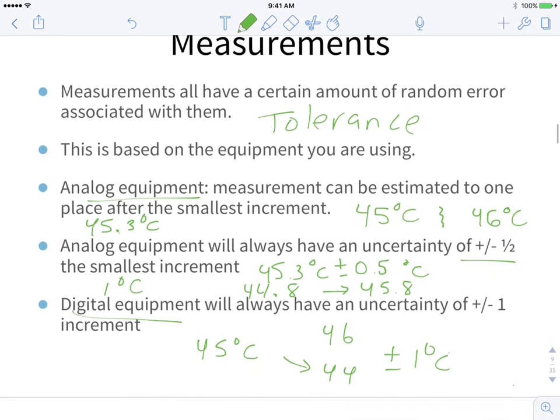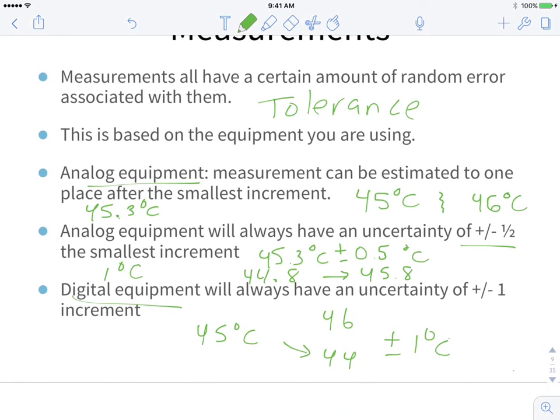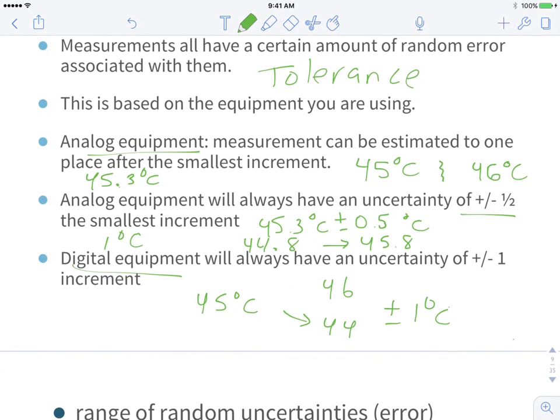So now, when I look at this, I'm like, okay, well, I could be 46 or 44, plus or minus 1 degree Celsius. So with digital equipment, I'm plus or minus 1 increment. With analog, I'm plus or minus 1/2 increment.